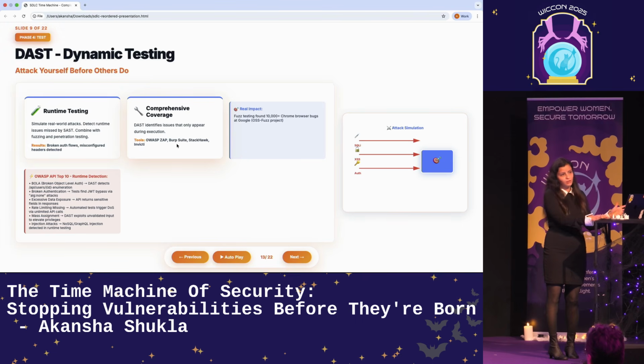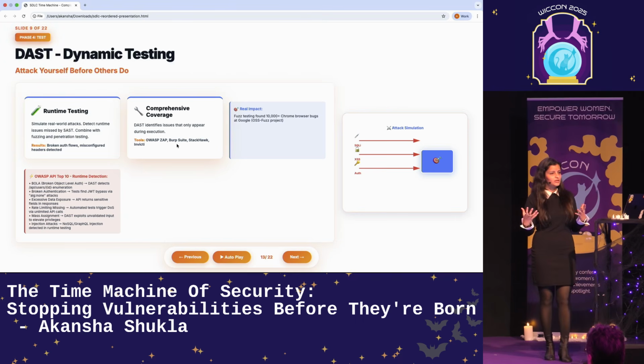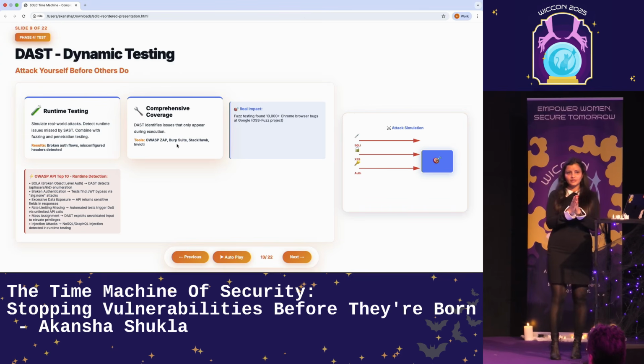Maybe they cover the OWASP Top 10, maybe some other known CVEs. They create those kinds of exploits and see how your application works, what kind of response it gives, whether it is properly maintained, or whether it is revealing some kind of information.